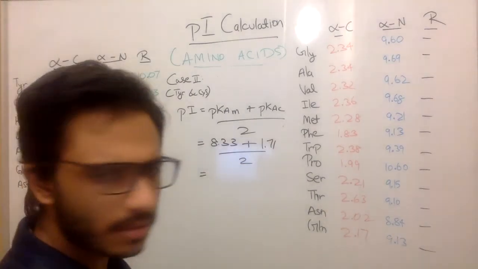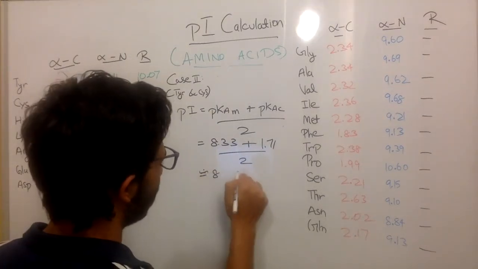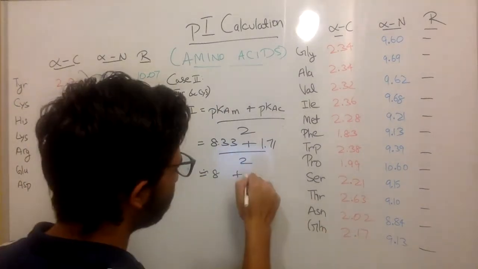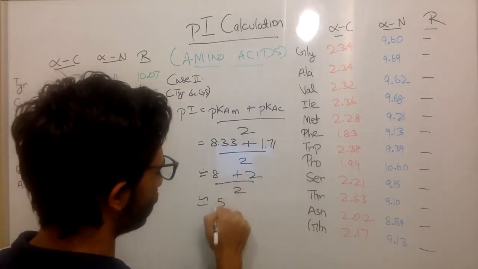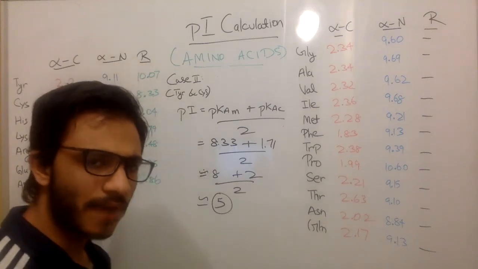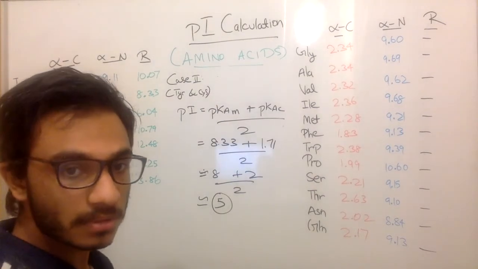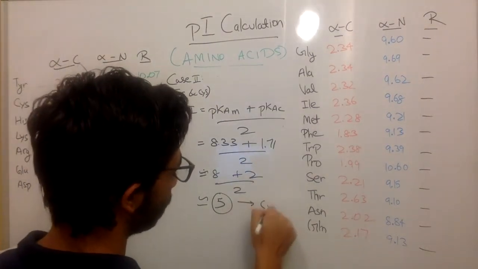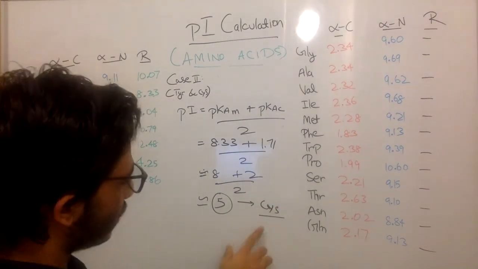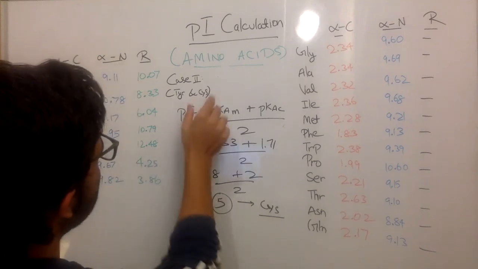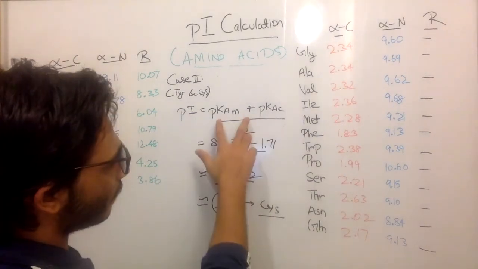Again, the same trick: you can round it down to 8 and round this up to 2. So in this case, our pI is calculated to be 10 divided by 2, that's 5. So 5 is the pI for cysteine. That's how you do pI calculations for these two special amino acids. You just need to remember that tyrosine and cysteine have this kind of calculation.